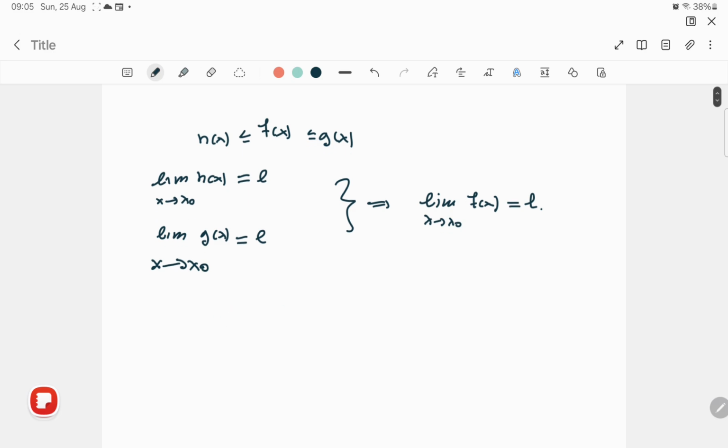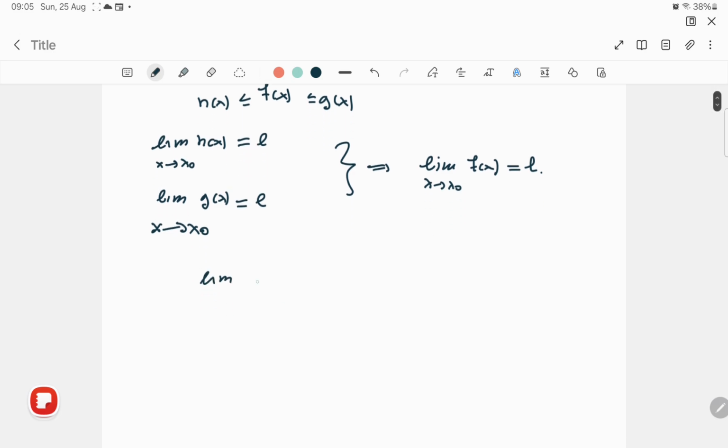You can imagine that you have this thing here, the limit of the function h as x approaches x naught. So the function f is sandwiched between the functions h of x and g of x.